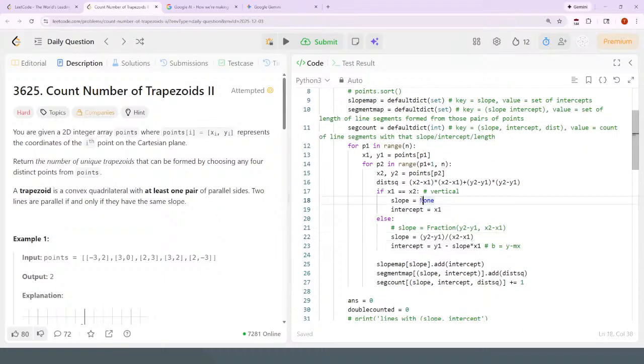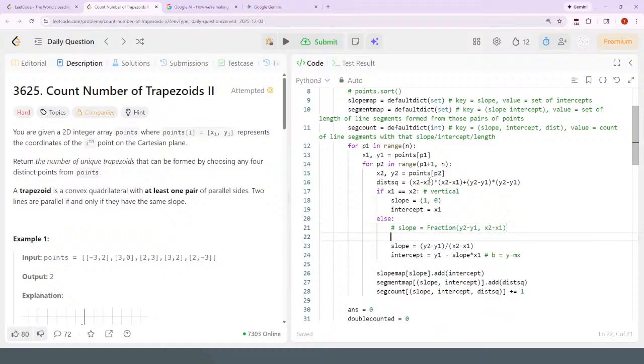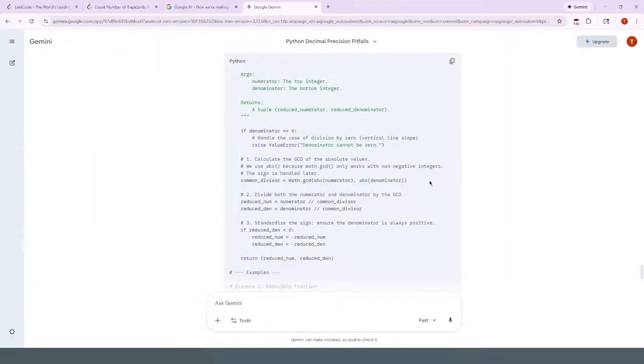Okay dokie, so I guess maybe slope needs to be a tuple, reduced. So I'll say this is 1, 0. Okay, so let's say the common factor is just the GCD of abs.